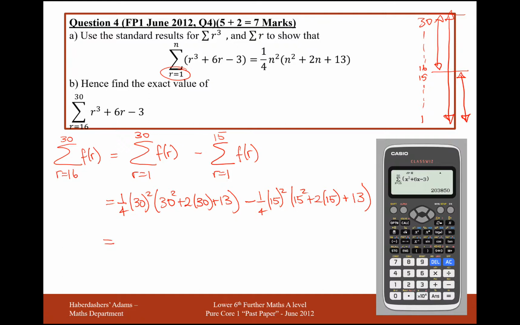And then all you need to do there is plug that into your calculator and you should get the same answer that you do here. 203,850. That's your 2 marks for the second bit, 7 marks in total.